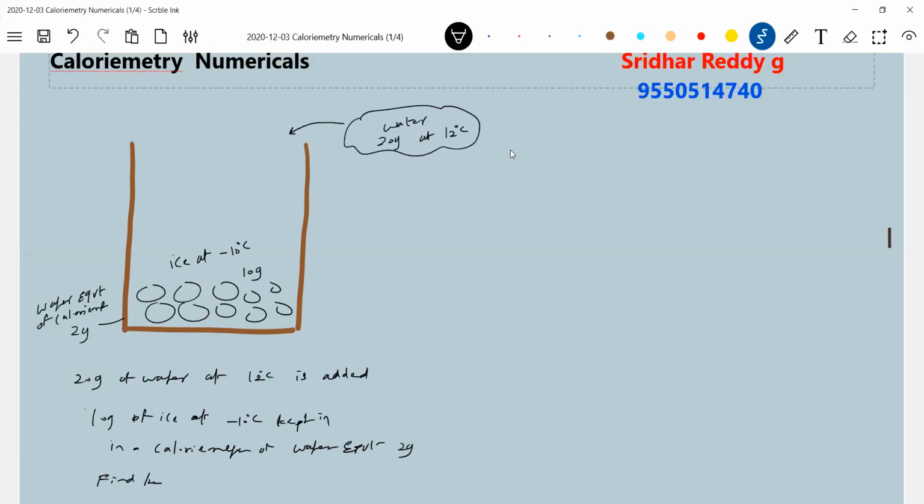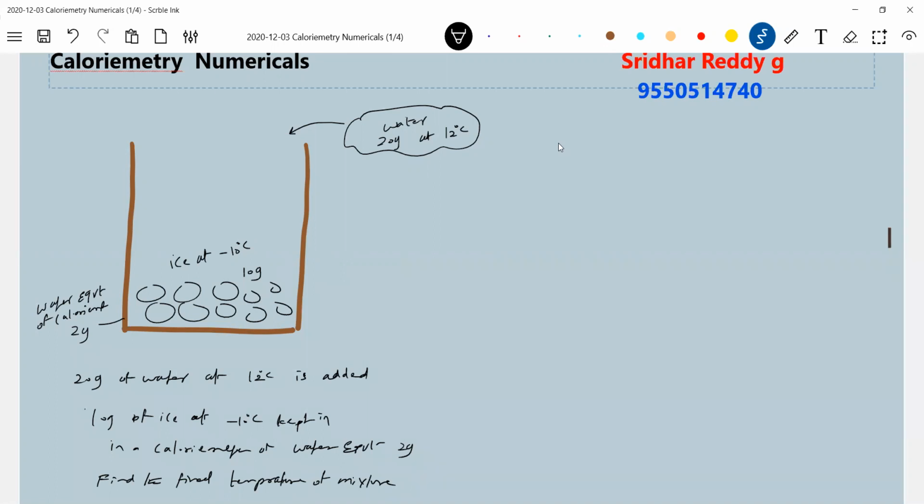Find the final temperature of the mixture. What do you expect? The final temperature should be less than 12 and greater than minus 10, so in between any value.